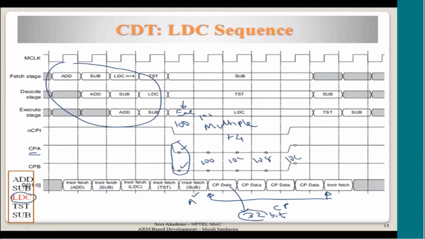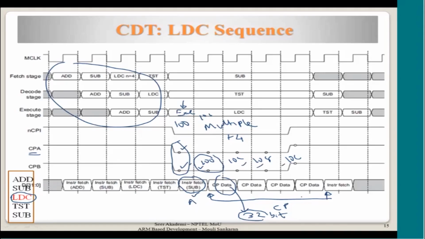Now you remember, for this transfer to happen in this cycle, the address is generated one cycle ahead. So that is why you see that this instruction is fetched during this cycle, and at that time the new address for the data transfer is generated here, and then the data values are transacted over the bus.